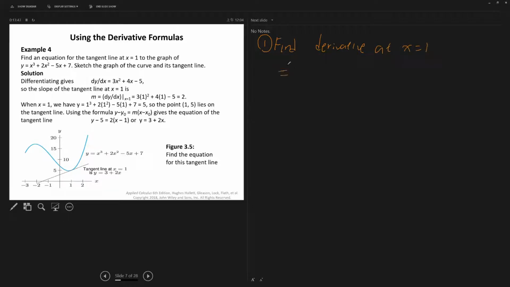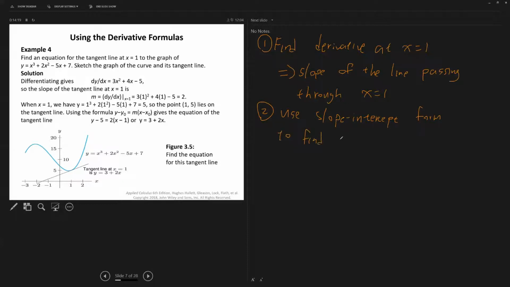That will give us the slope of the line passing through x equal to 1. And then second, use slope intercept form to find the equation. So that's basically what we're doing.